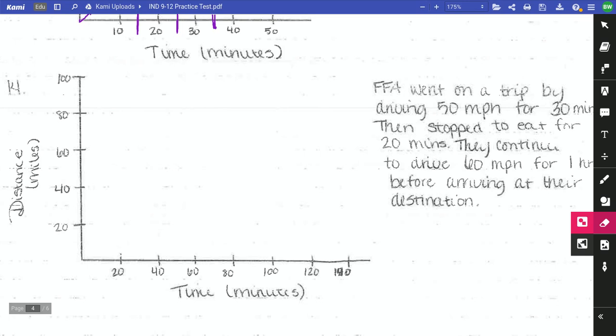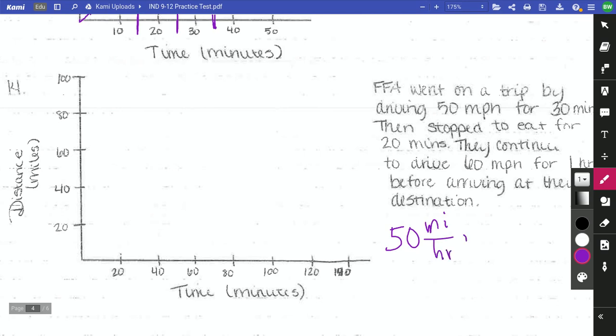And you could do it on paper like this, 50 miles per hour times half an hour. Don't write 30 because it's 30 minutes, right? And our units of speed are miles per hour.